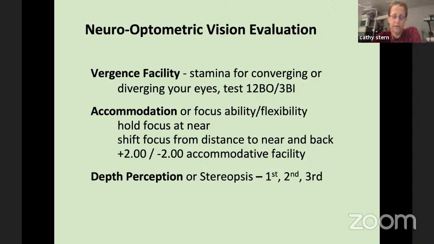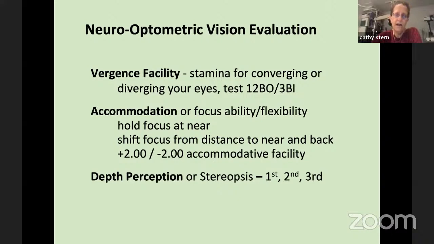In terms of depth perception, we know that we want to measure stereopsis, which is 3rd degree stereo. But I will tell you that I also like to talk about what I call depth judgment, because even patients who can pass a passive stereo test, one that they are doing while they're sitting quietly in a chair, is not the same as how quickly they can make those spatial judgments when they're moving through space.